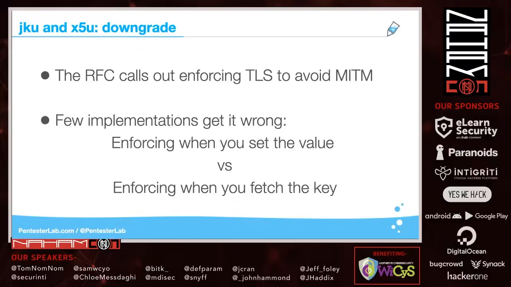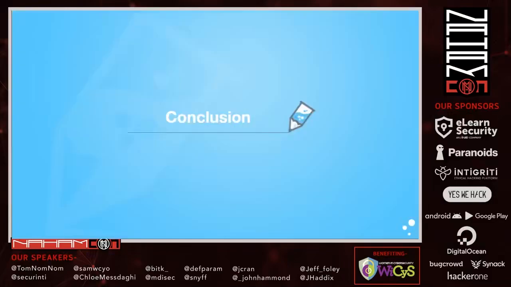Basically, when an attacker sends a malicious token, this attacker controls the URL. And that's the URL you need to make sure starts with HTTPS when you're fetching the token. Just checking that the URL starts with HTTPS when you create the token is just not enough.